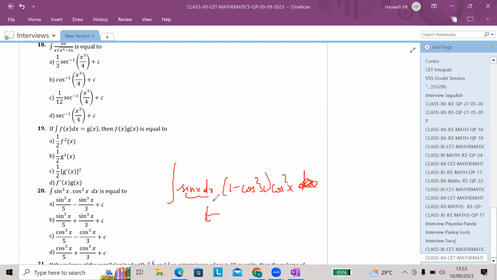So you'll get t square minus t power 4 dt, which you can easily write as t cube by 3 minus t power 5 by 5.